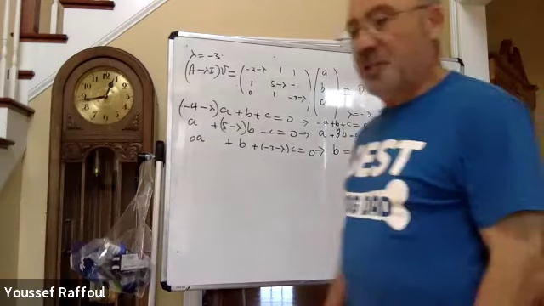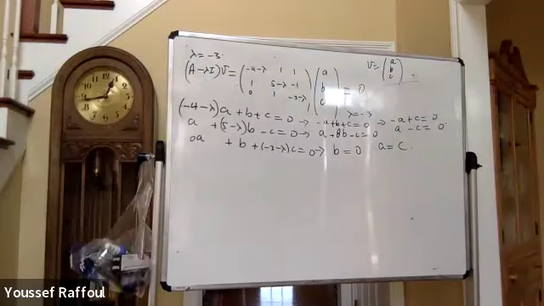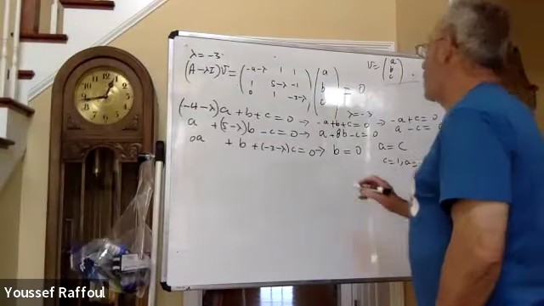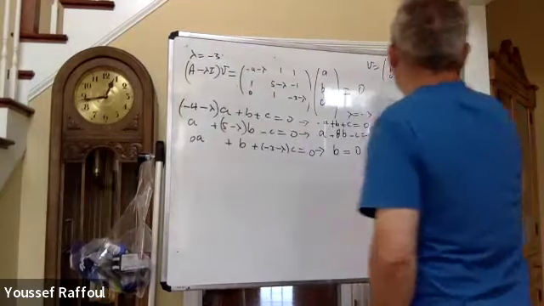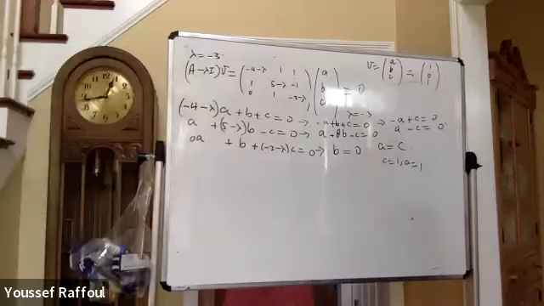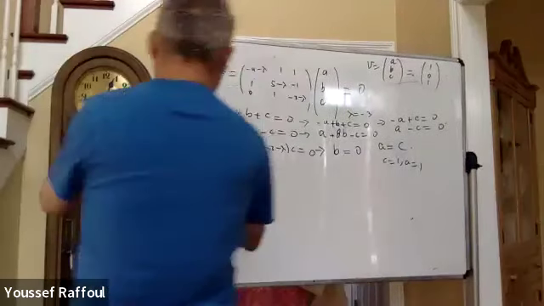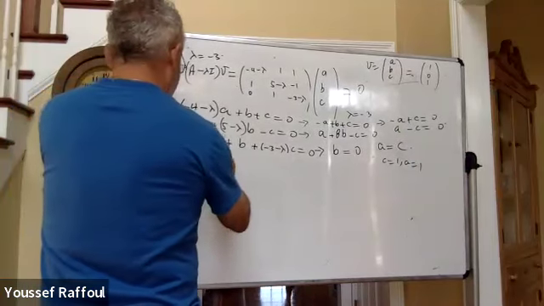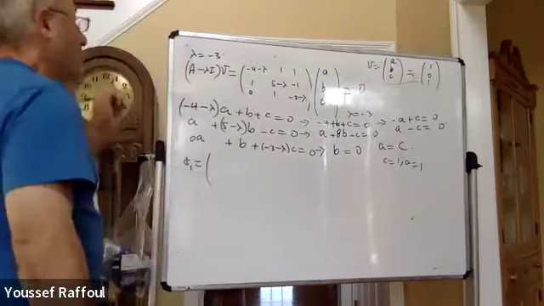So what do you want to take C to be? If I take C equal 1, then A is 1. So the vector V is (1, 0, 1). There we go. So phi 1 is, what did we say phi 1 was?